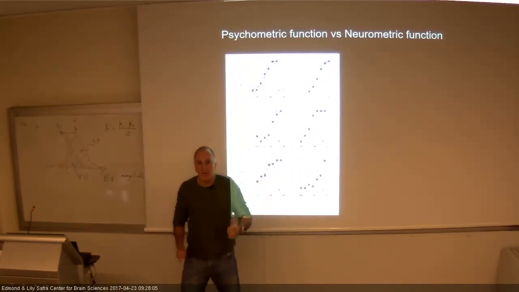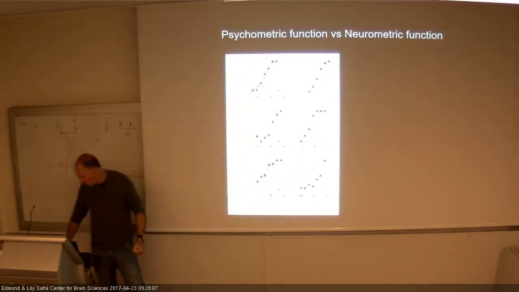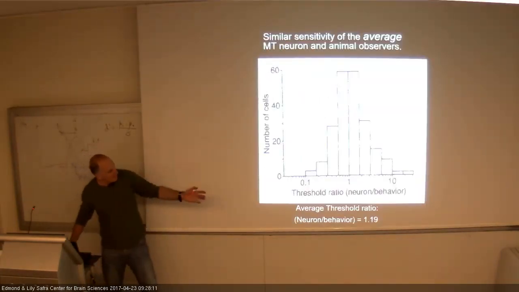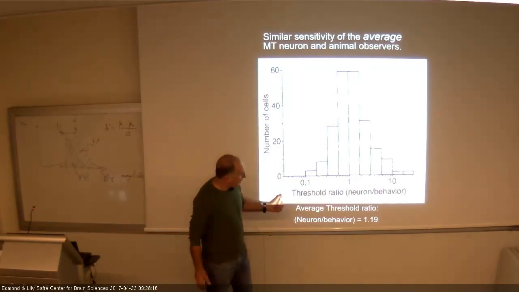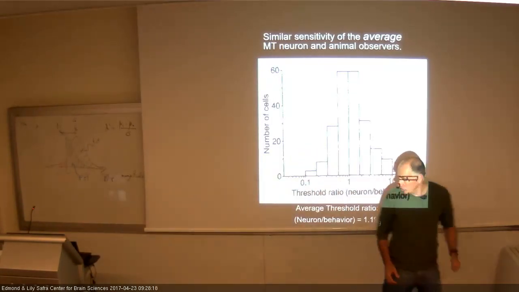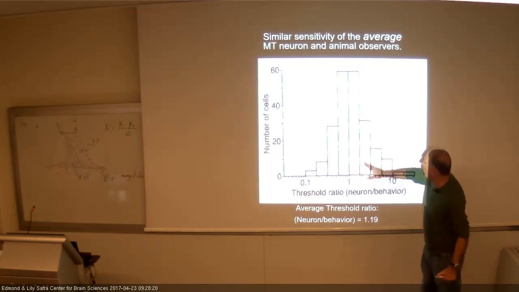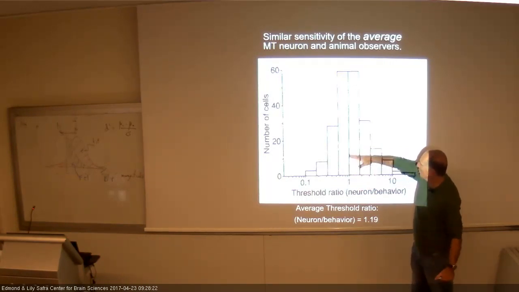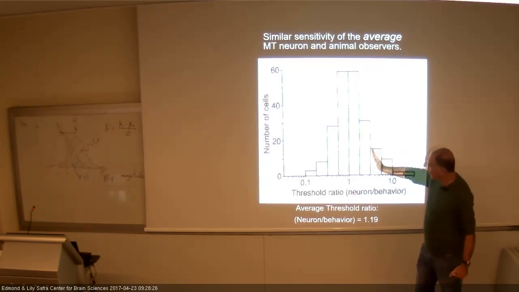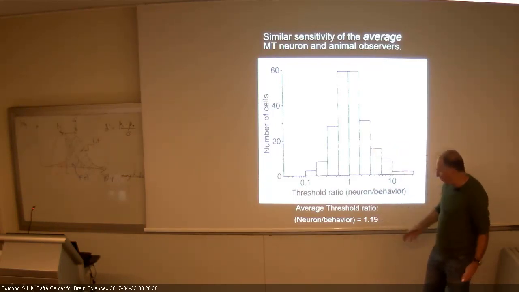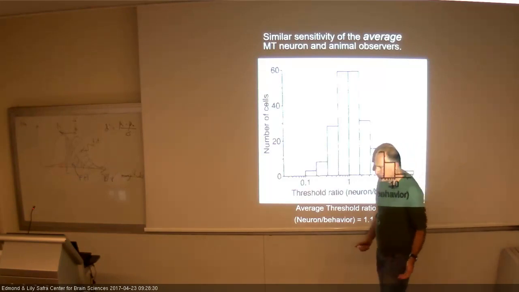And you can now do this across 200 or so measurements that they've done, and basically they get that the threshold ratio of the neuron is almost as good as behavioral. A slightly worse, because it's somewhat bigger than one here. The distribution is a normal distribution on a log plot, but it's somewhat shifted from 1. Okay, so it's 1.19.